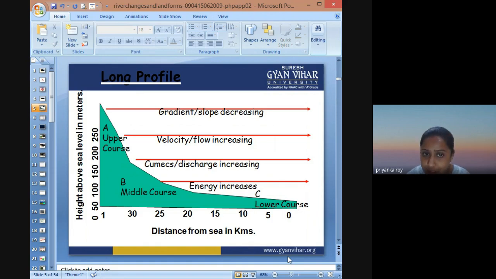So it has a gradual slope, and the velocity of the water also decreases. Okay, and again there is a certain amount of deposition also. And then we come to the lower course, where the elevation is minimum, with a very gradual slope, and hence the maximum amount of deposition happens in the lower course of the river, okay, before it meets the ocean or the sea.